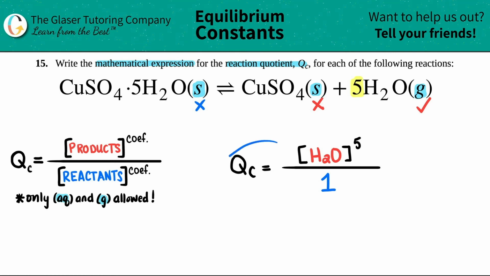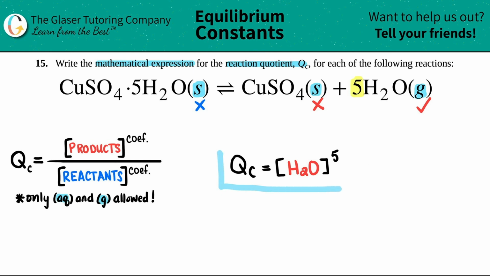But look here, guys, this is too easy. You're not going to see it like this on your exams or tests. Because remember, anything divided by 1 is itself. So I can simplify this by getting rid of the 1 and getting rid of the division sign. The QC for this one would just be the H2O raised to the 5th. And that's it. This is the QC mathematical expression, we'll say, for this balanced equation.